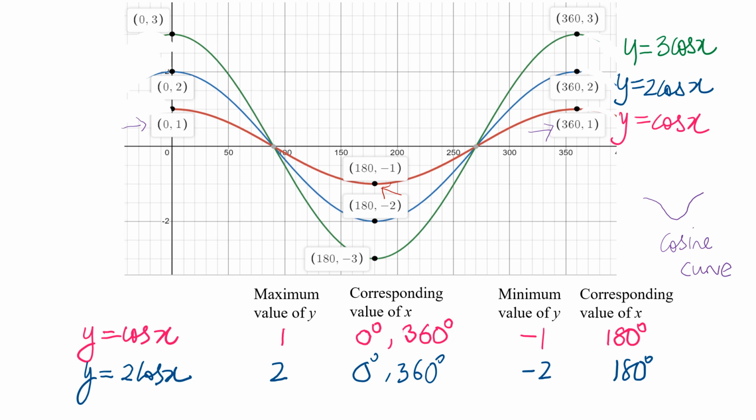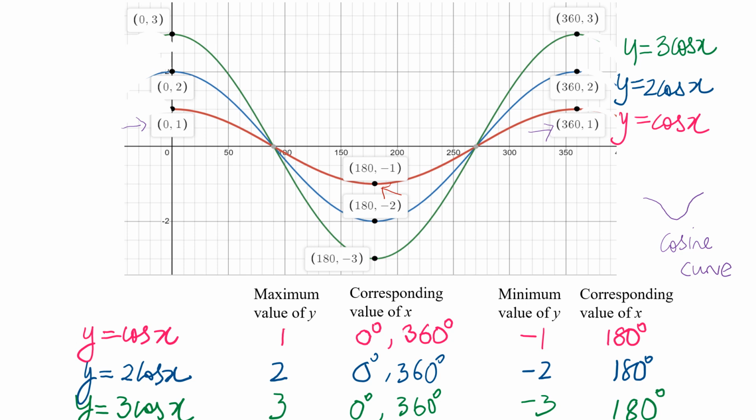So for y equals to 2 cos x, the maximum value of y is 2, and the angle is still at 0 degrees and 360. The minimum value is -2, and the corresponding value of x remains at 180 degrees. Let's look at the last one.